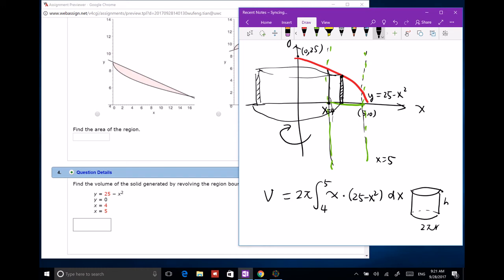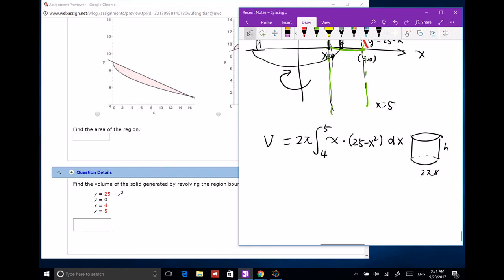Does it make sense to you? Okay. So you can go back, and I think this one is 512 pi over 3. I'm not sure if it is or not. It might not be. There's a different answer, you can go back and check this one.